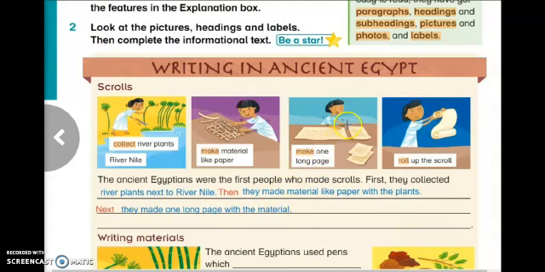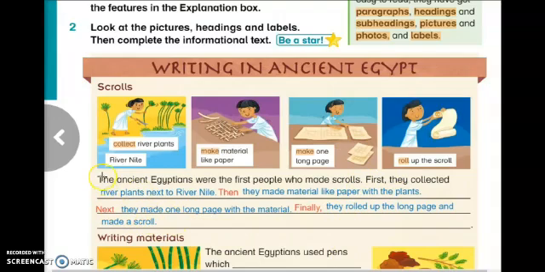Now let's move to the last one. And because this is the last stage, we have to use finally. They rolled up the long page and made a scroll.